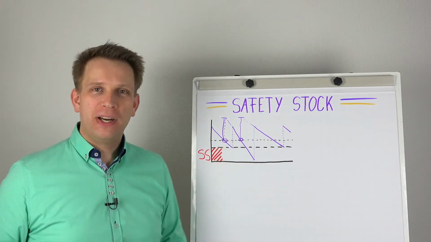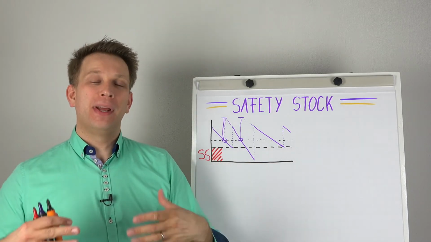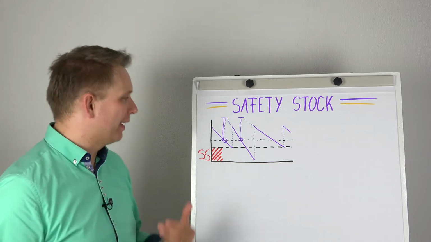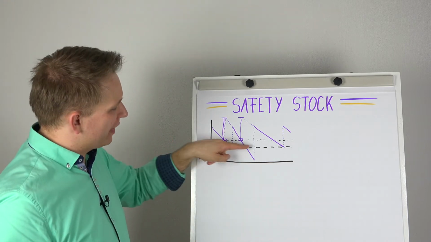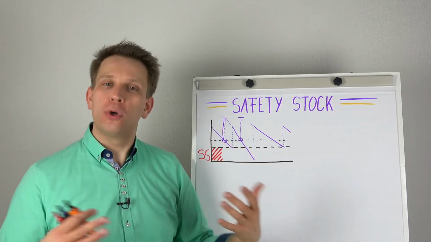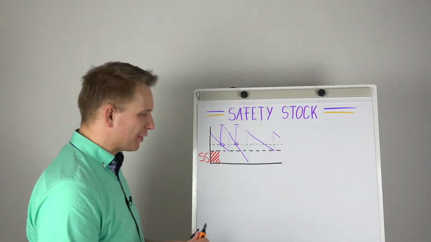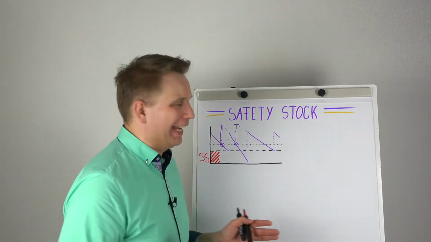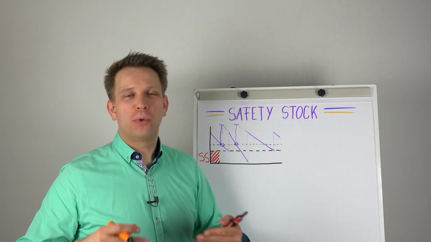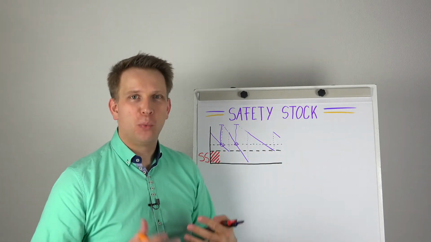And what is normal variance? That's what this video is about. That is, how do we calculate this safety stock to sort of get almost all of those problems in there? So there is a formula for that. Let me first write it down, and then we'll go over the parts and what they are.